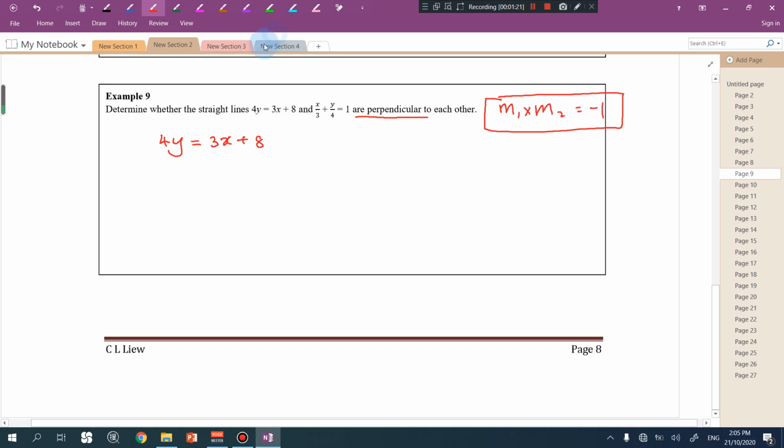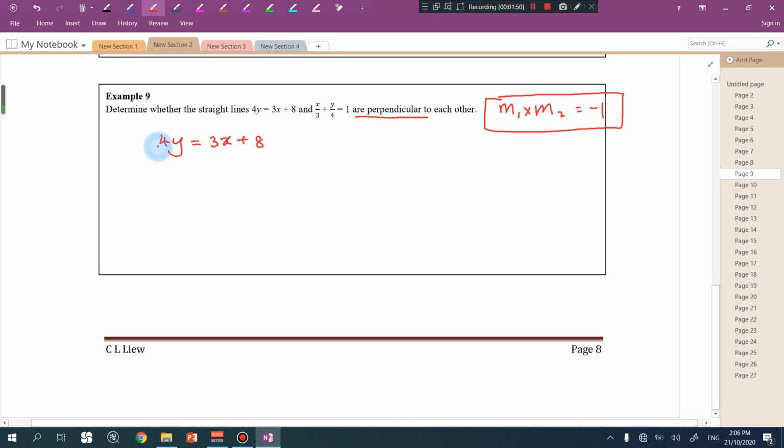Always be careful. Don't say that the gradient is equal to 3 and the y-intercept is equal to 8. It's not correct. If you want to get the gradient and the y-intercept, make sure the coefficient of y is 1 and positive. Here it is positive, but it is not 1.